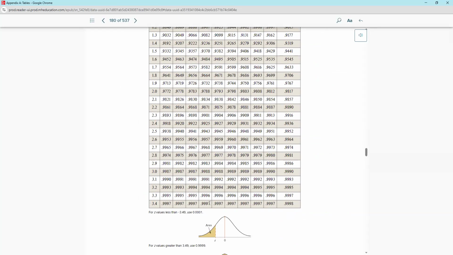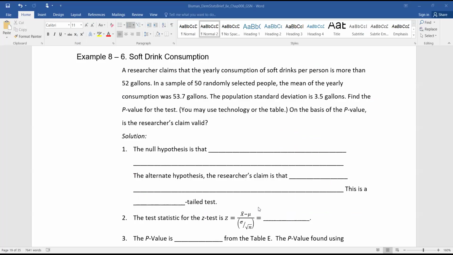So I see that the probability there is 0.9997. So I take that z-score, 3.43, and the probability I got was 0.9997.